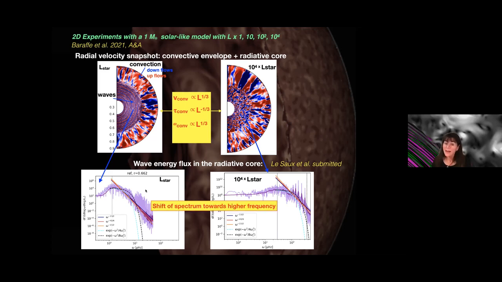So the main takeaway message is that you have a shift of the spectrum towards higher frequency if you increase the luminosity. And this can be important if you are interested, for example, in the transport of angular momentum, which actually depends on the damping of the waves and therefore on the frequency of the waves. So this is something to bear in mind.